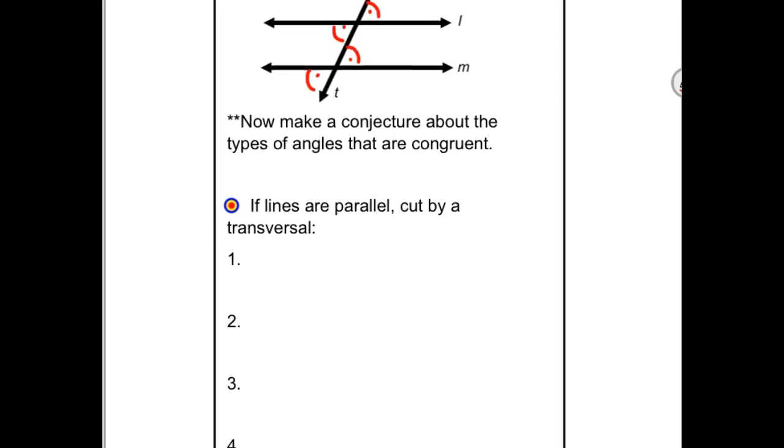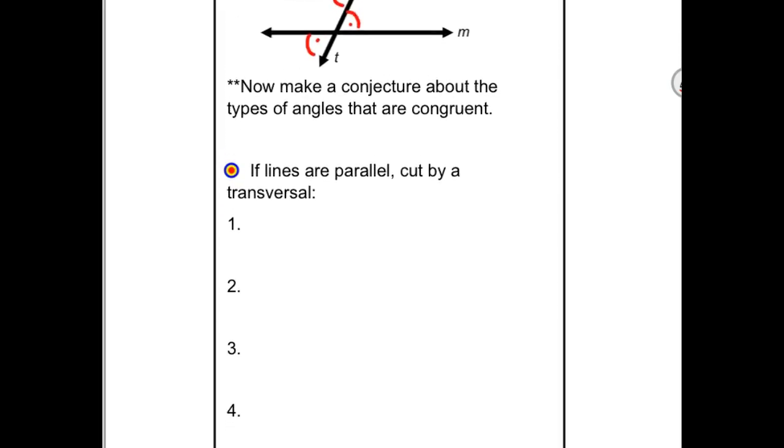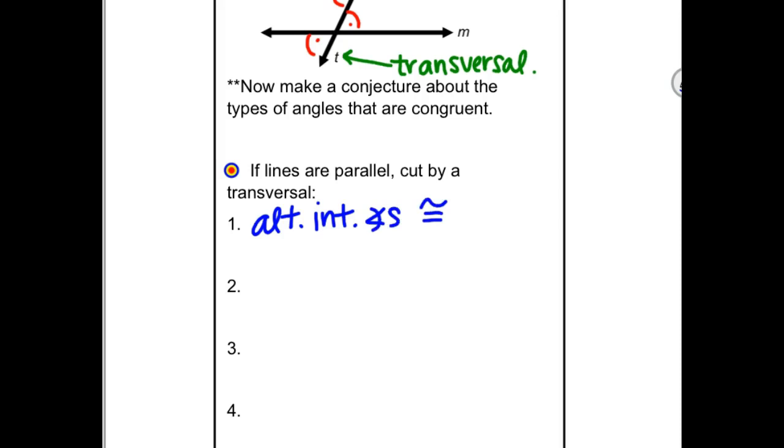If we have parallel lines that are cut by a transversal, which remember we talked about, this is your transversal, then that tells me that alternate interior angles will be congruent. That tells me that alternate exterior angles will be congruent.